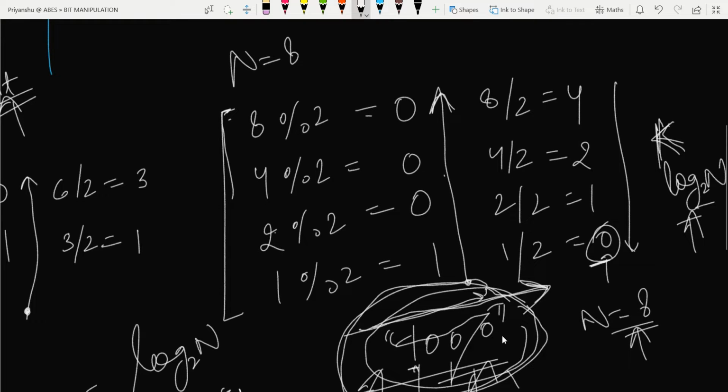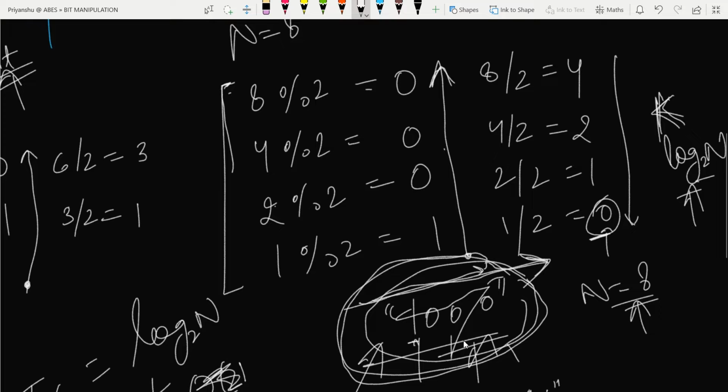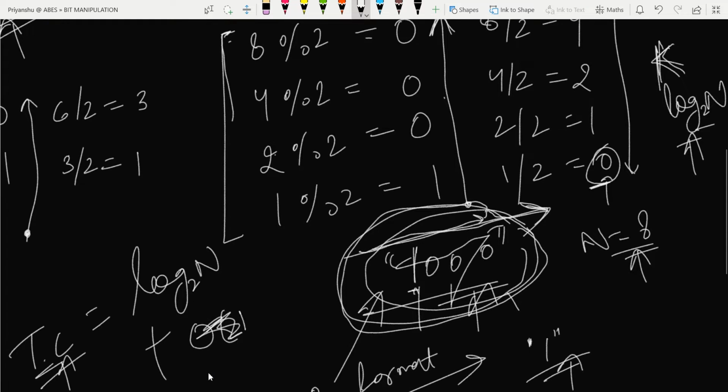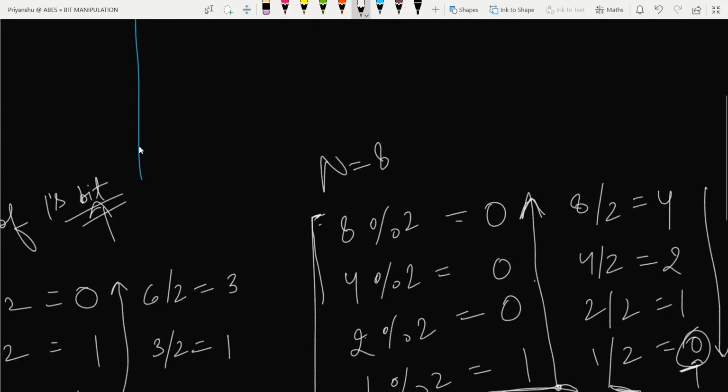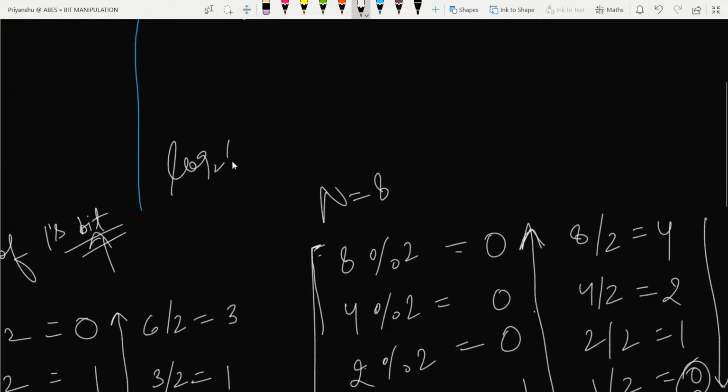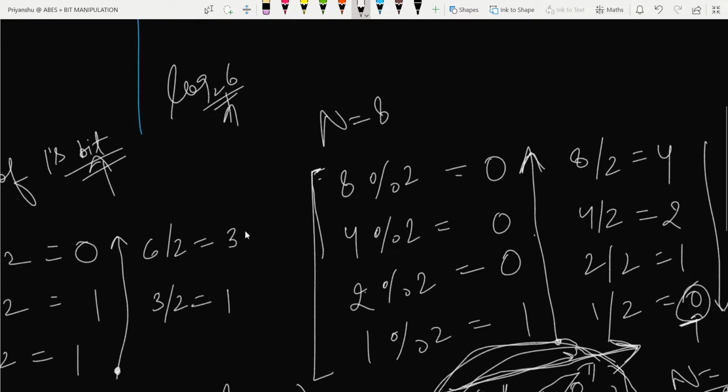So how much time complexity will we require? We will require approximately log base 2 n time complexity. Because again, what is log base 2 6? We look at it as 1 2 3, 3 steps.